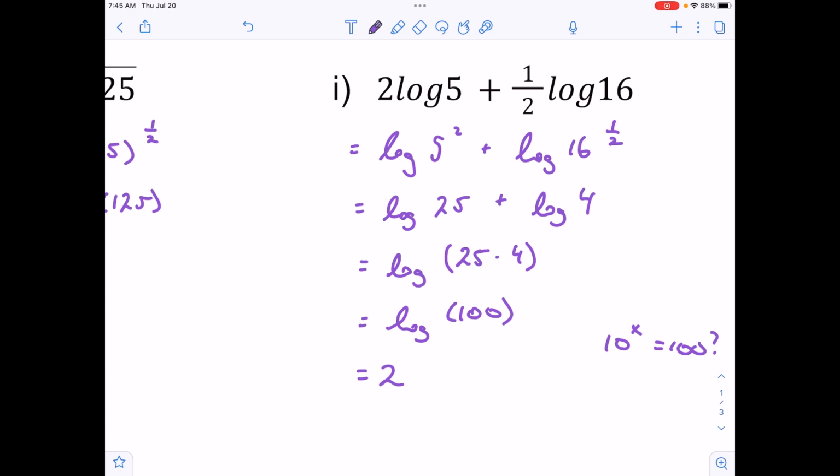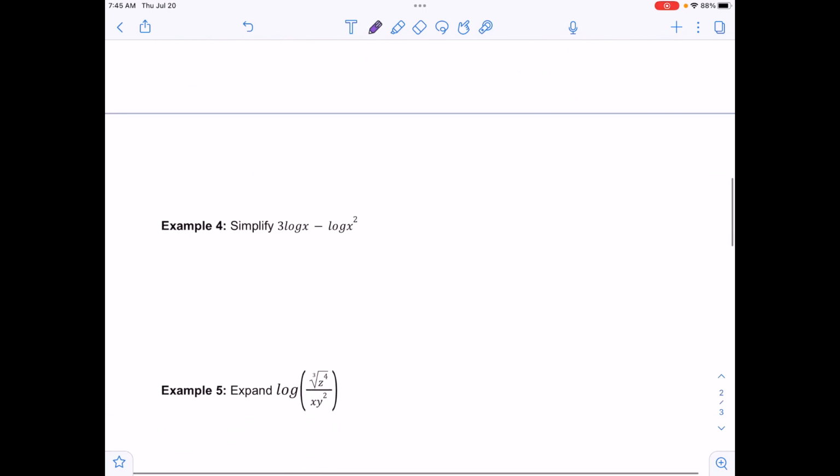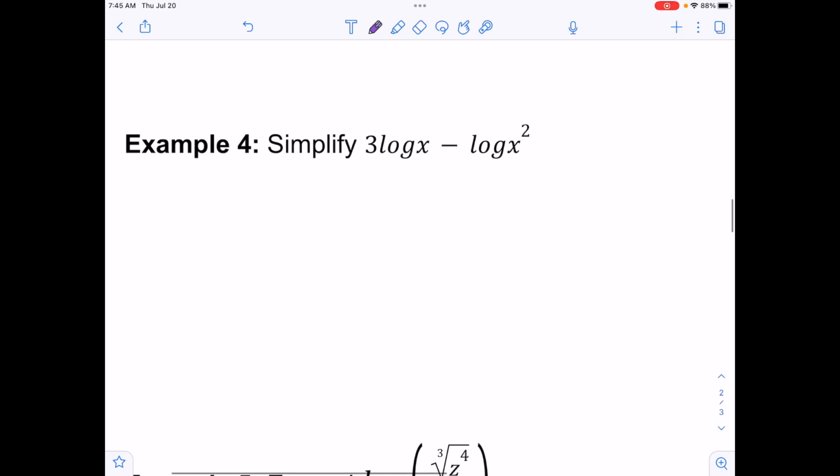Okay, we'll do 2 questions similar in that thought pattern where you are just having to sort of manipulate things. Here's our first one. Simplify 3 log x minus log x squared. In this one, I'm going to bring my 2 out front so that I can combine them. 3 log x minus 2 log x.